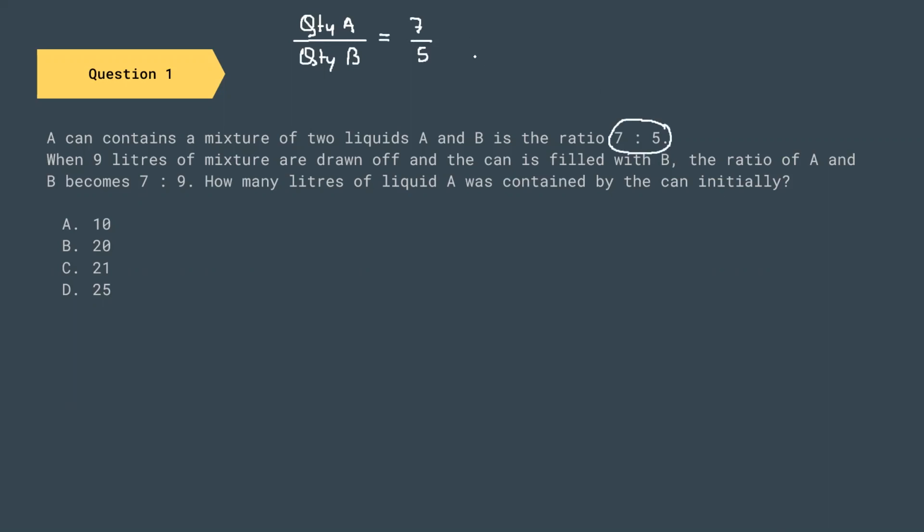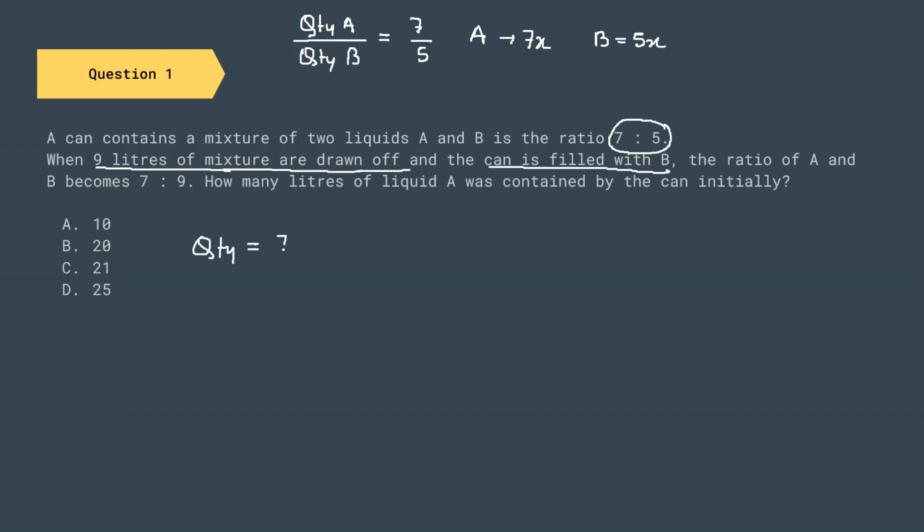So you can say that the quantity of A is 7x liters and the quantity of B is 5x liters. Now that we have done that, let us see here. 9 liters of the mixture are drawn off and the can is filled with B. So in this particular scenario, what will be the quantity of A?